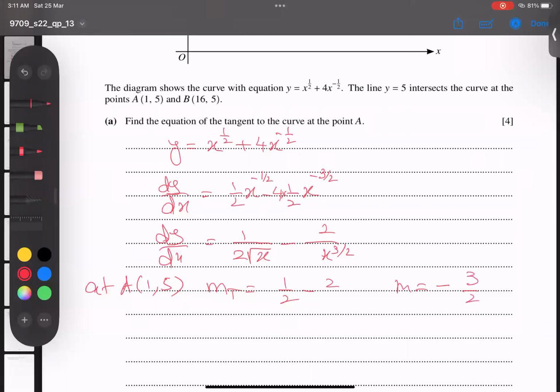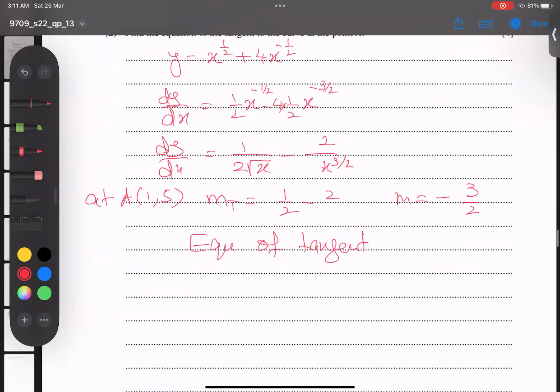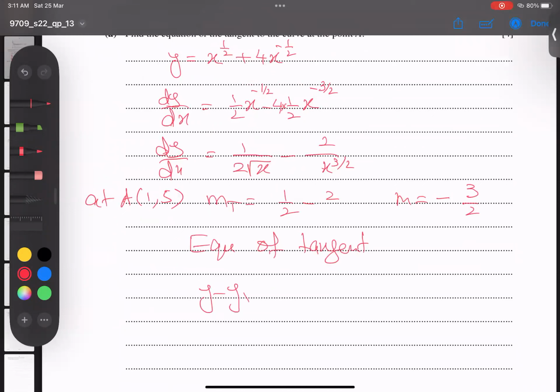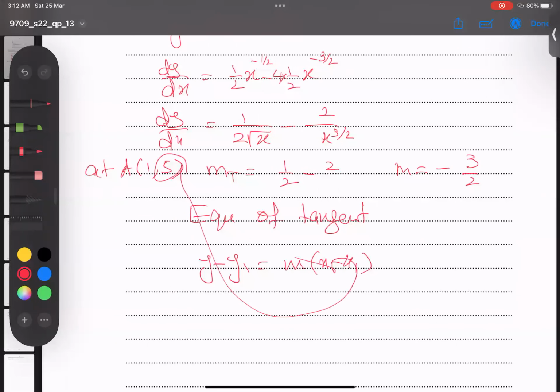This is the gradient of the tangent, whenever I plug in the x value. Now, what is the equation of the tangent formula? The equation of the line formula, all of us are familiar with: y minus y1 equals m times x minus x1. This 5 will behave as y1, this 1 will behave as x1, and this will come in the place of the gradient.